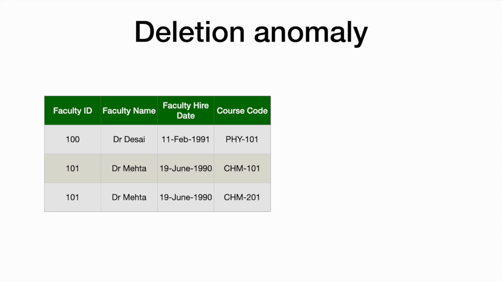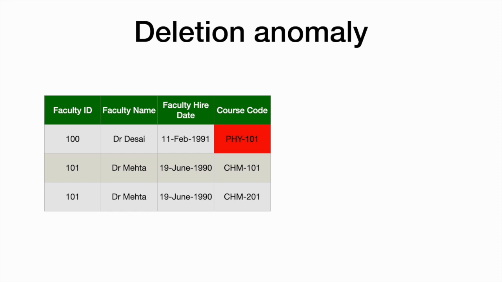Let's take the older example that we had of the faculty. Over here, suppose the question is to remove course code physics 101, because the institute decides that they are not going to teach physics anymore. In that case, you just want to remove this course code, physics 101. What happens is you would write a delete query, right?